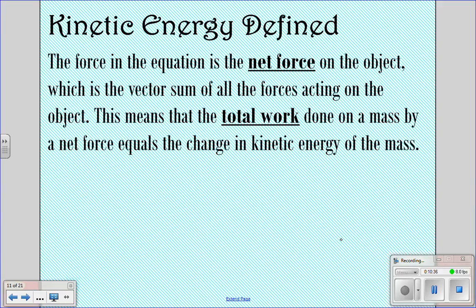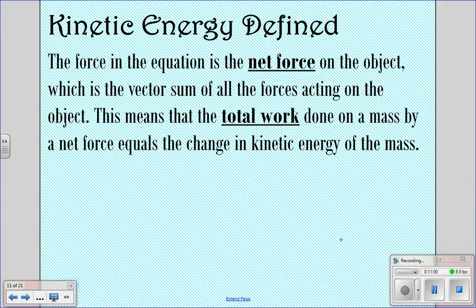And if you look in the book on page 329 at kinetic energy defined, they actually show you how to get to your kinetic energy formula that we've been using for several weeks and months now. It's a very quick plug in with the 3 equations that I wrote out. So just look in the book and you can see how they did that.